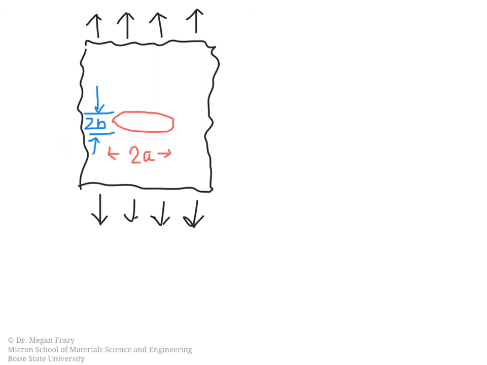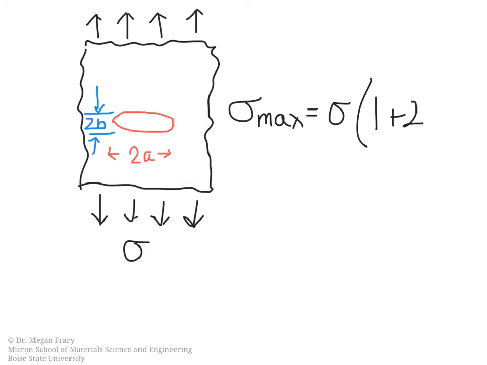On the basis of those parameters, we can give an equation for sigma max. Sigma max is equal to sigma, which is the applied stress over the whole sample, times 1 plus 2 A over B. One thing we can see from this is that as the ellipse is flattened, then B gets very small and sigma max gets very high.